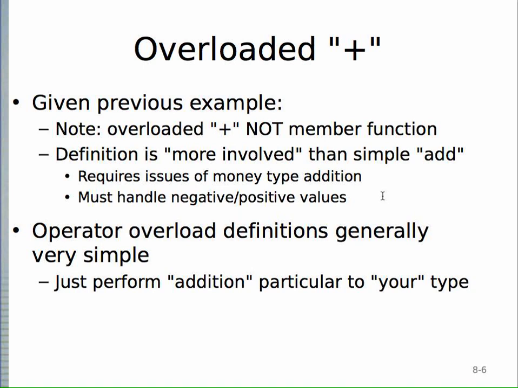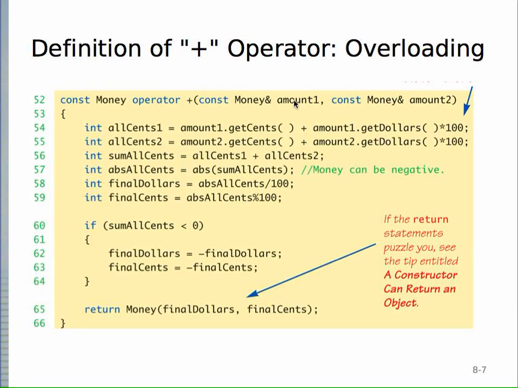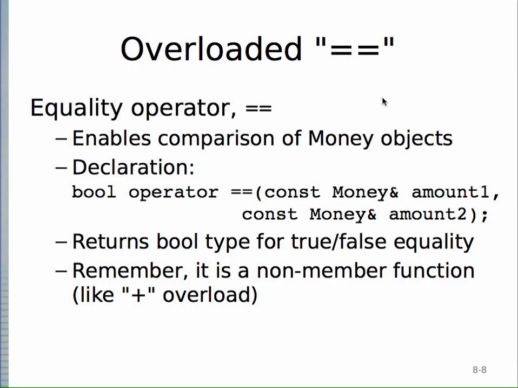Here's the overloaded plus operator, and the book introduces it not as a member function but as a standalone function outside the class. And as you saw before, it has two operands, and this one that they're going to do next in the book is also a standalone operator.